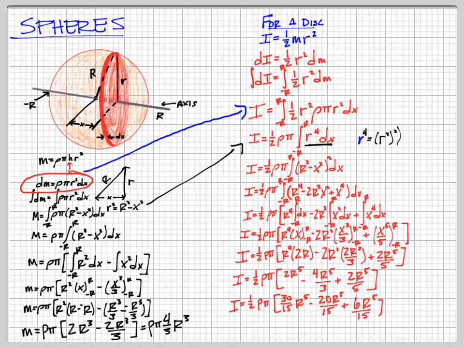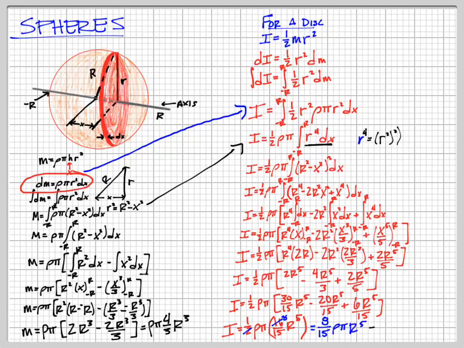So 30 minus 20 plus 6 is 16. So I got 1/2 rho pi times 16 over 15 r to the fifth. So the half goes away, and that gives me just 8 over 15 rho pi r to the fifth.